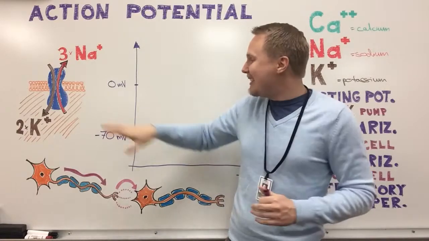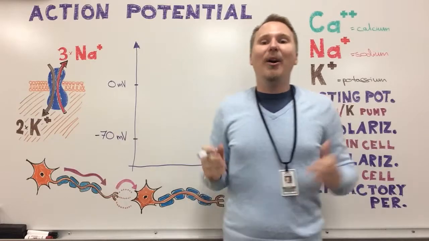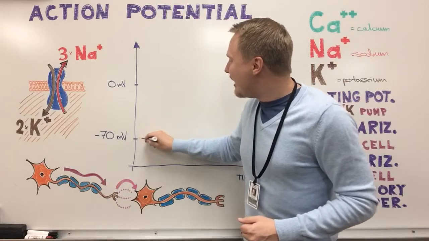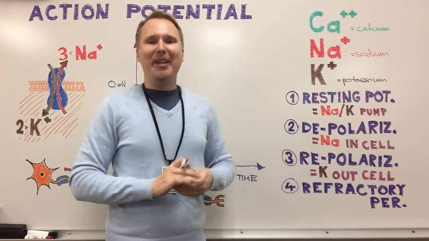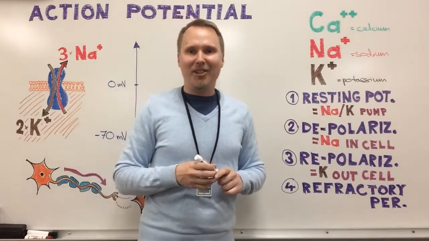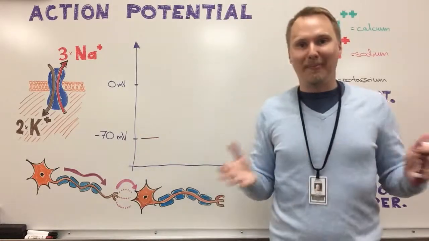And in fact, it is going to be 70 millivolts. That's the negativity of the nerve cell in relation to its outside. And this 70 millivolts is what we call resting potential of a nerve cell. So this is the normal state of electrical charges in a nerve cell thanks to our sodium-potassium pumps.